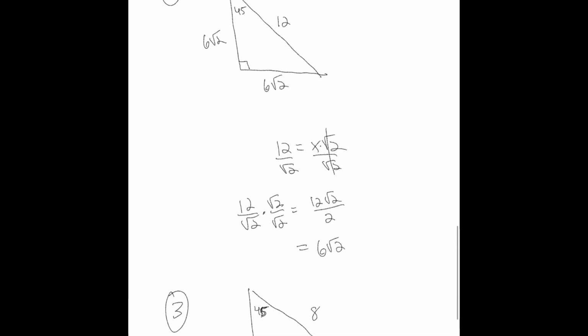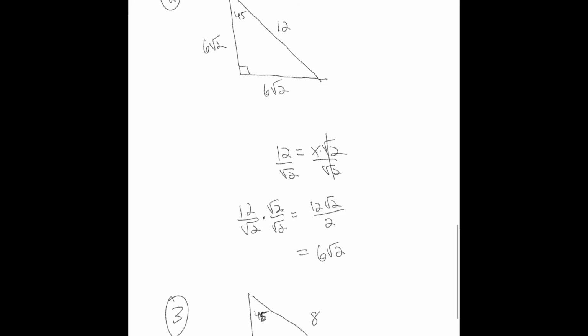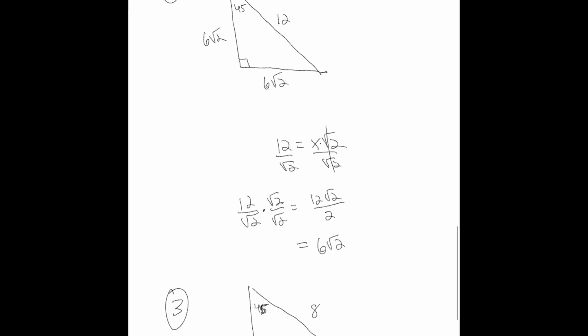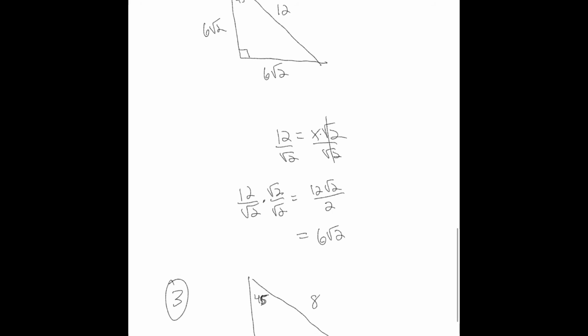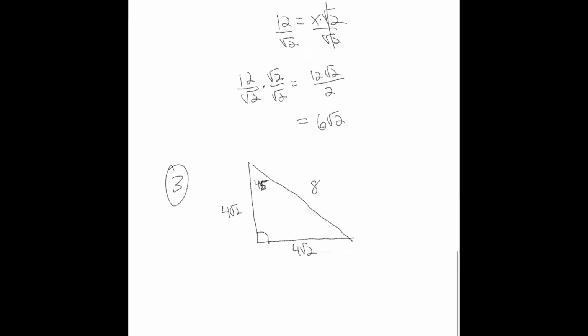Just looking at number 2, what we just did. See if you can see the pattern without doing all the algebra. The legs are going to be 4 root 2 and 4 root 2. Okay.